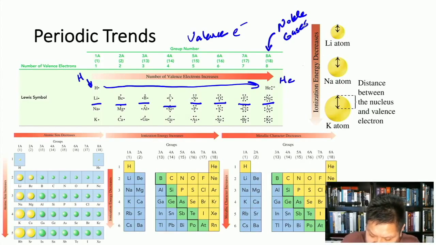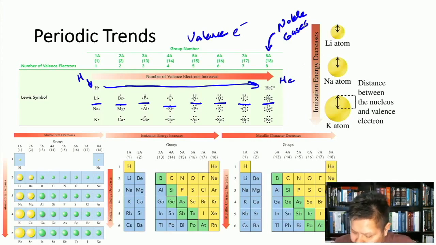Having less than 8, or a full outer shell, like fluorine, oxygen, nitrogen, and the metals like lithium and beryllium, is what makes things want to react, so that they can get a full shell of electrons, which we'll talk about a lot later.